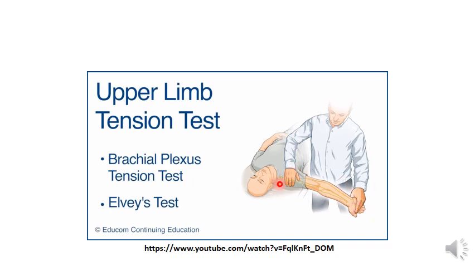In the exacerbated version, the person is asked to turn his head, and you look for any pain radiation along the shoulder. This can indicate if there is a neck problem, a brachial plexus root problem, or a median nerve injury. So we can find out if the lesion is in the neck, and this is called the brachial plexus tension test.